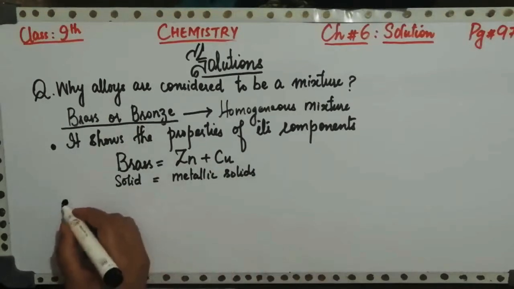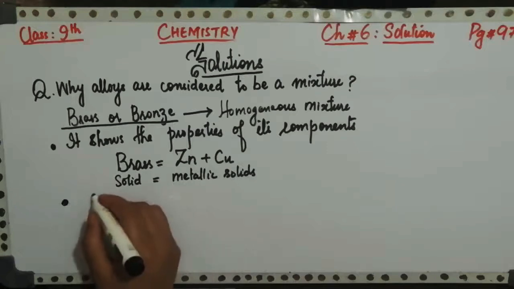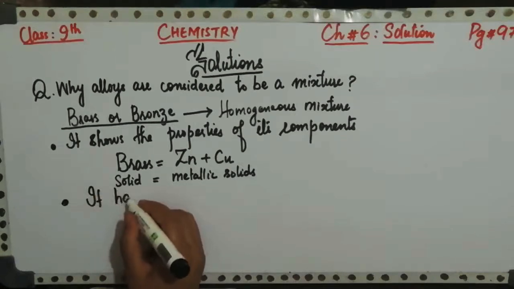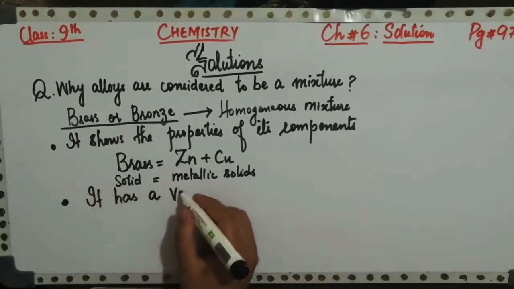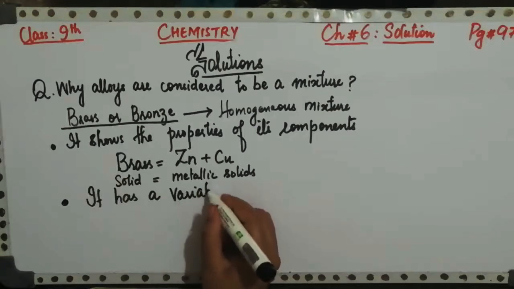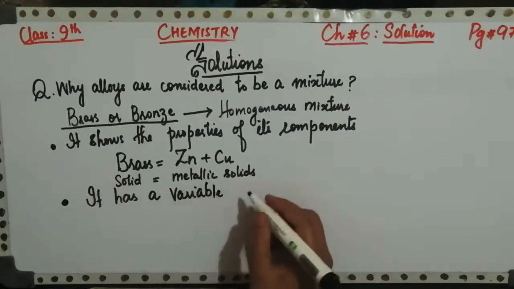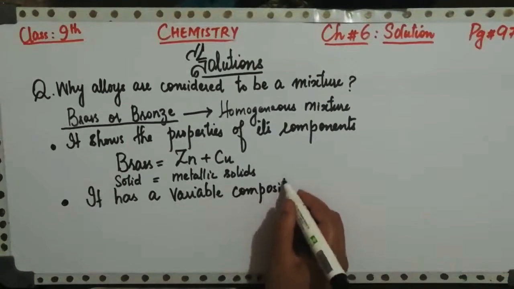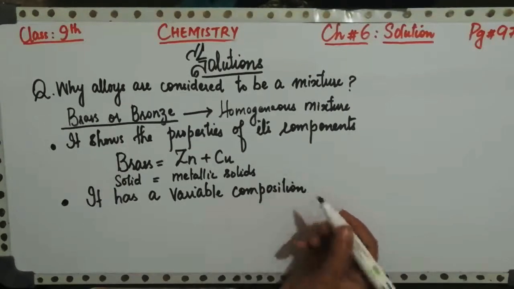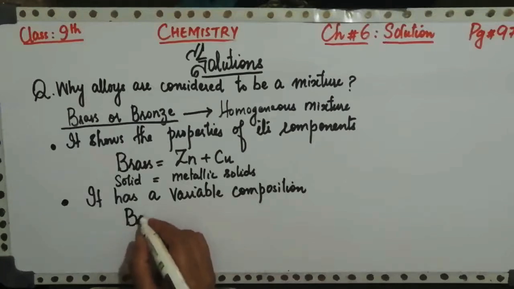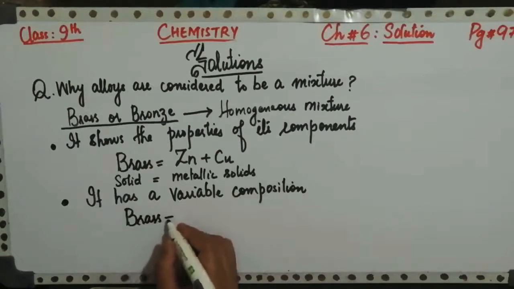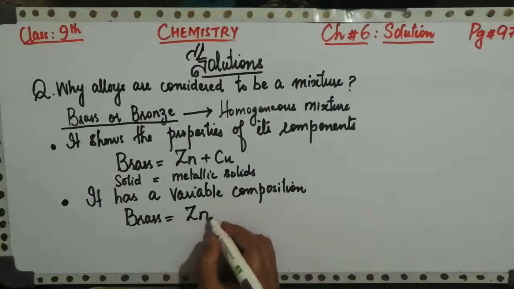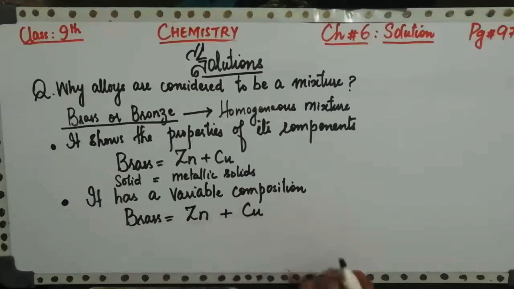And the second point is related to another thing, that it has a variable composition. Meaning of variable is different. They are formed by the combination of different metals combined together. For example, again I am taking the example of brass. Brass is a mixture of zinc and copper metals or solids.